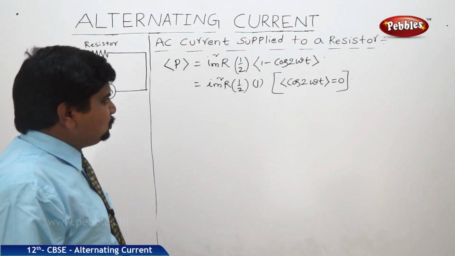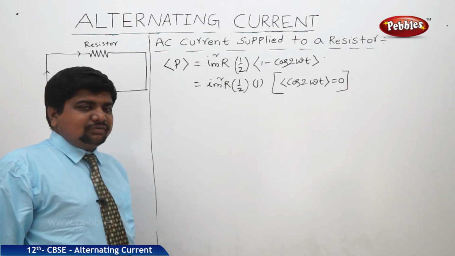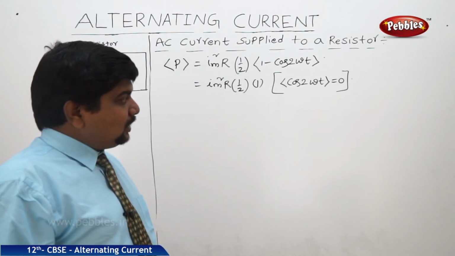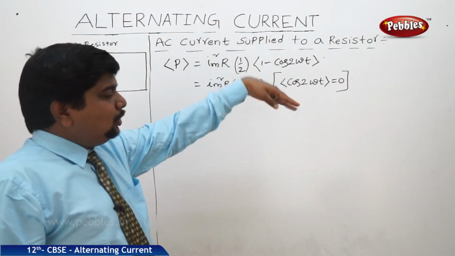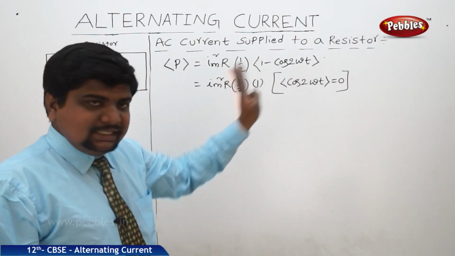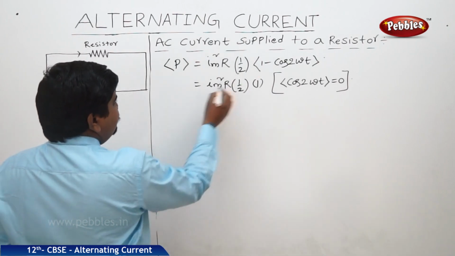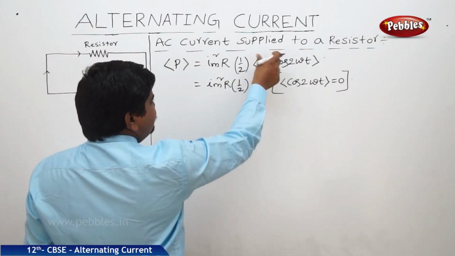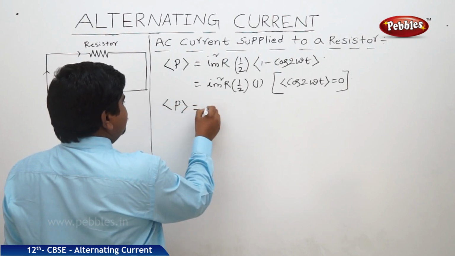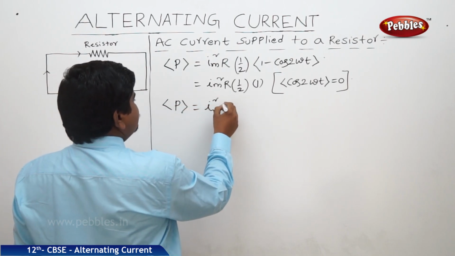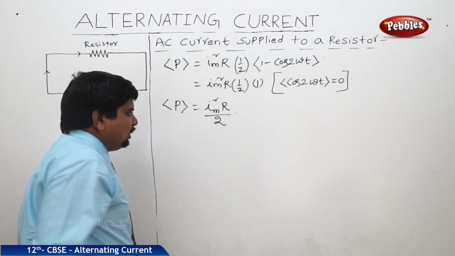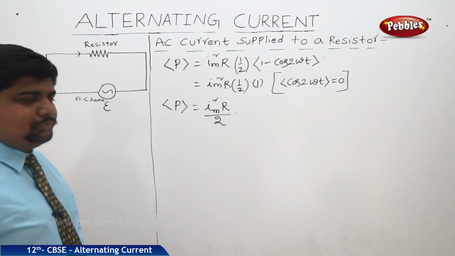Cos 0 is 1, cos 90 is 0 and cos 180 is minus 1. So the average value of cos theta over a complete cycle is 0. Therefore this whole term becomes 0 and the average value of 1 is 1. Therefore the average power consumption is equal to Im square R into half, nothing but Im square R by 2.